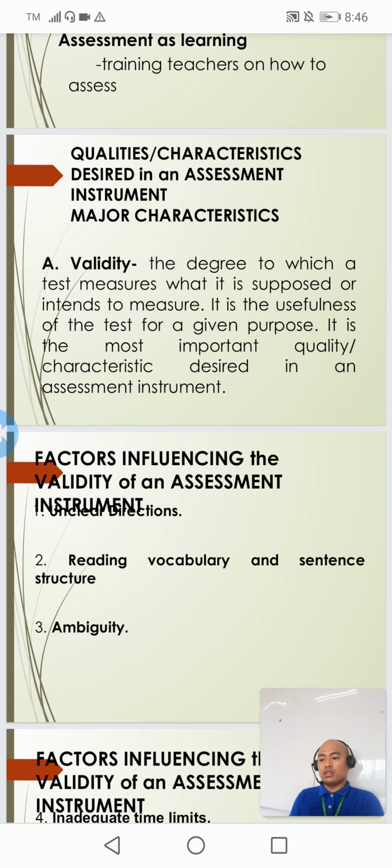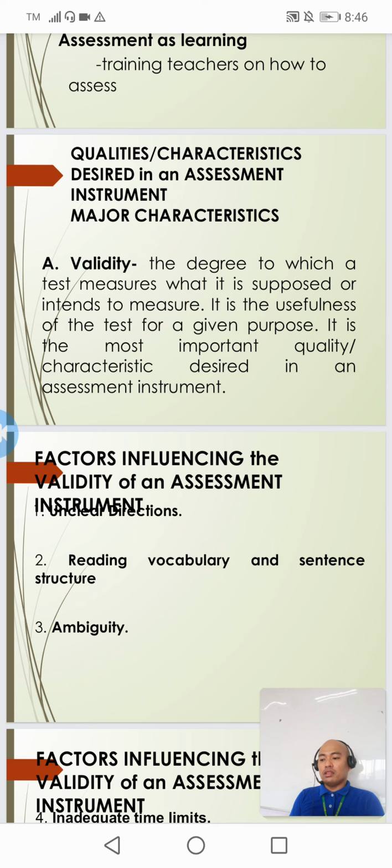Now, take note, construct validity can be determined by utilizing the split half method. The instrument is divided into two parts. All scores on odd items, this is an example, are added, while all scores on even items are also summed up.